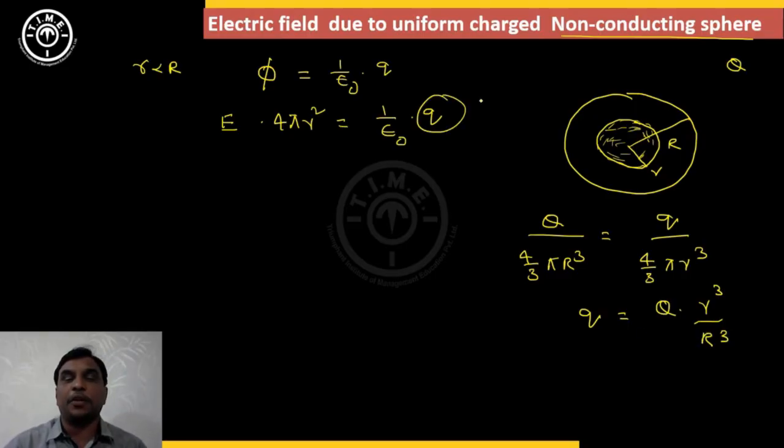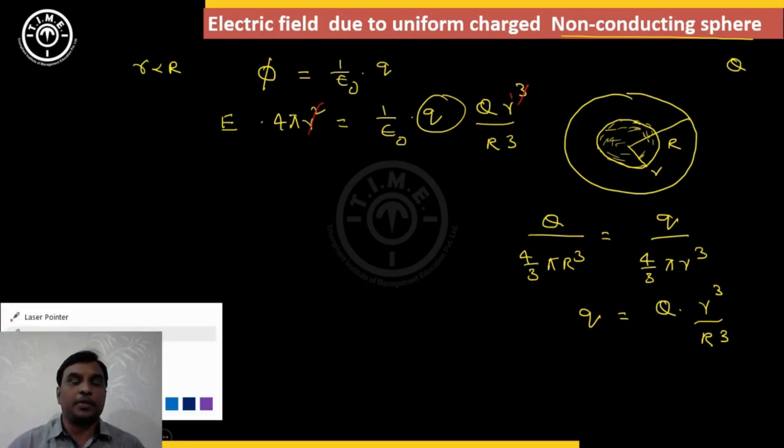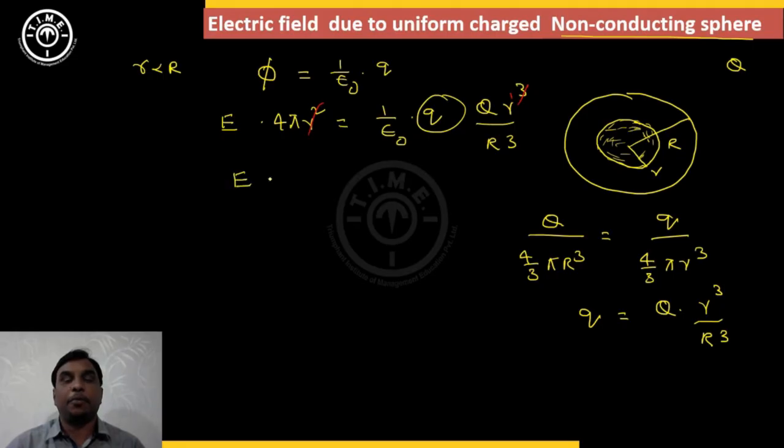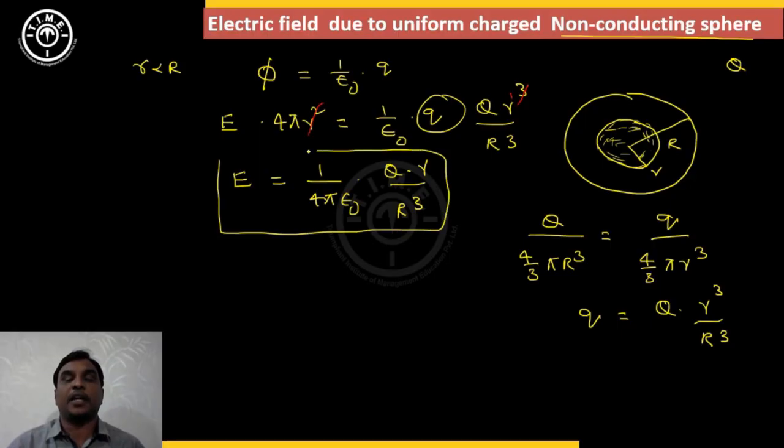If I substitute that value here, capital Q into small r cube by capital R cube, now this gets cancelled. See, this is square and cube goes with only 1. Then you can write an expression: electric field at any point inside is 1 by 4 pi epsilon naught, Q into r by R cube. This is the expression for the electric field at any point inside the non-conducting sphere.